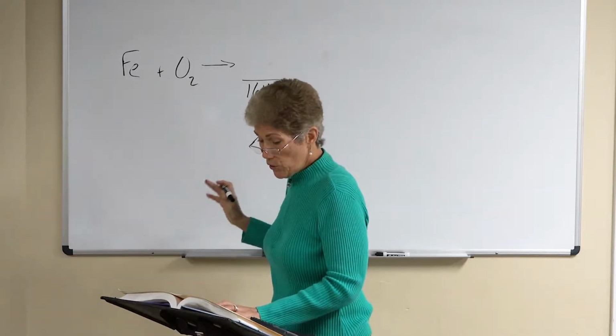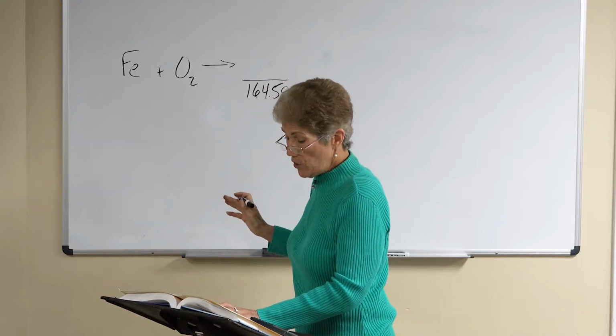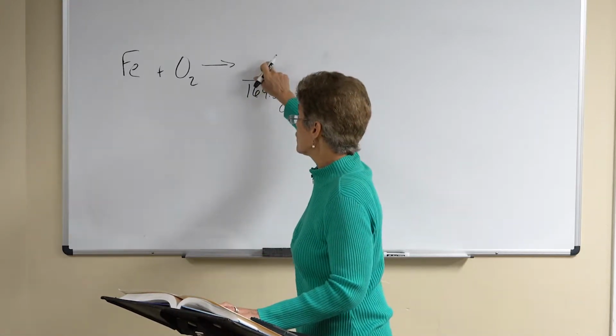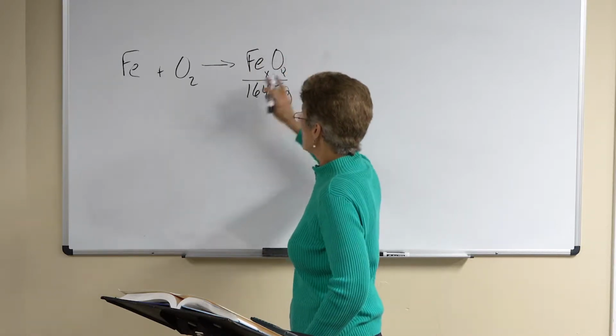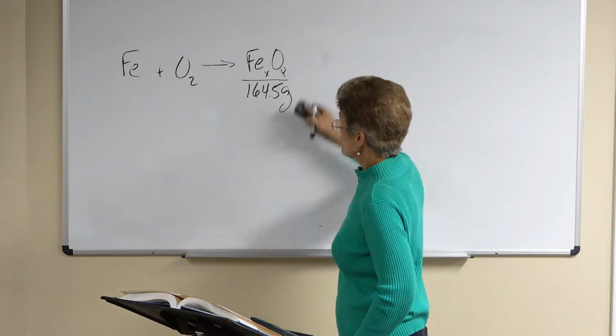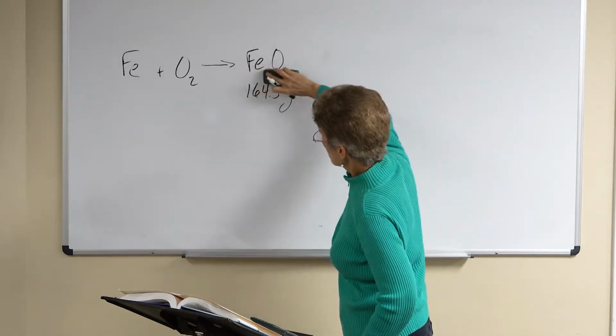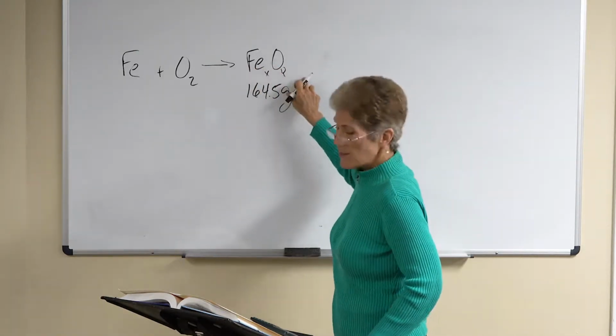And there's just this pure solid that's formed. What is the empirical formula of the solid? So we are looking for the empirical formula of this solid. Okay? And we know that that's its mass.